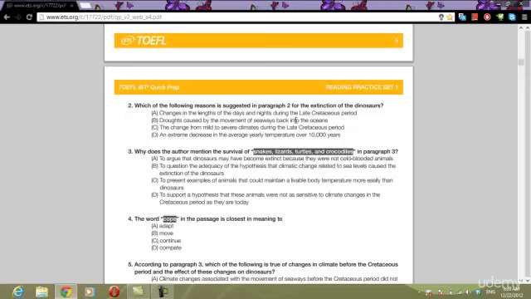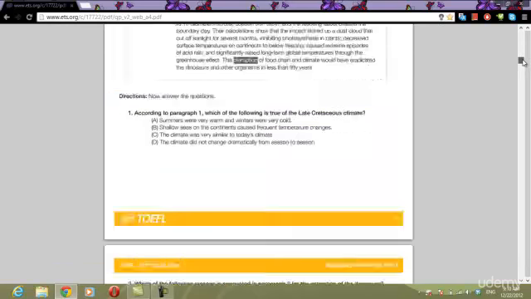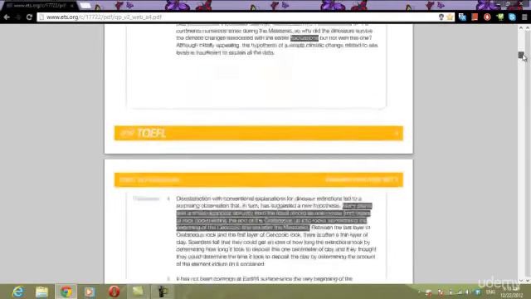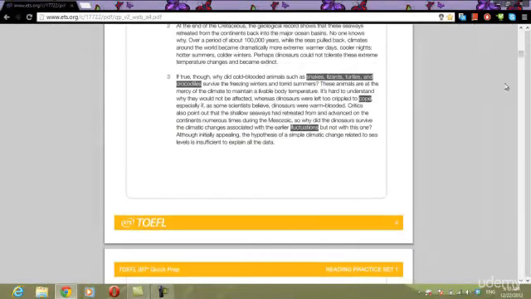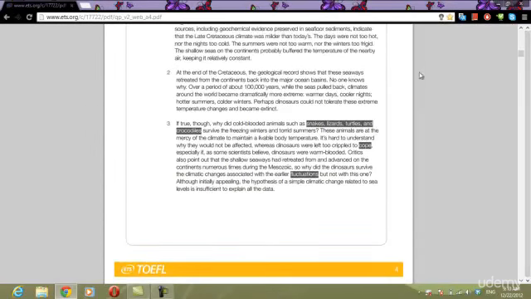Now a lot of students picked this answer choice and got it wrong because they rely on exact language. Here it talks about the seaways, and if you look at that paragraph, you see the seaways way up here in the first sentence.